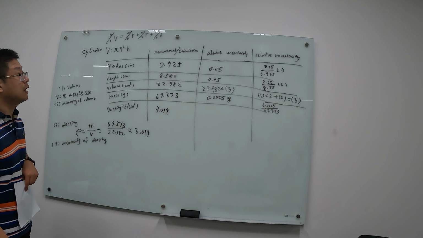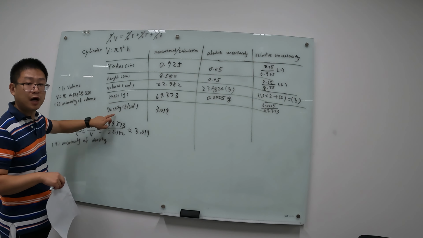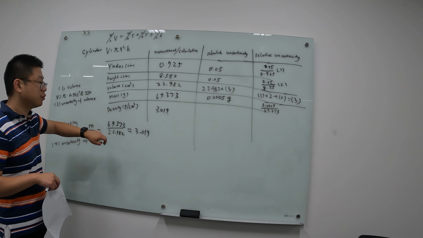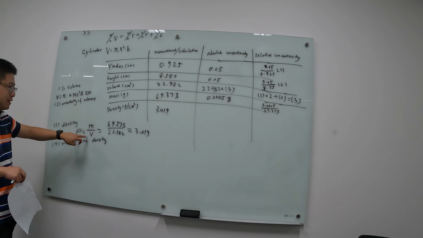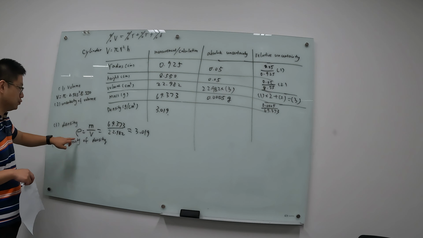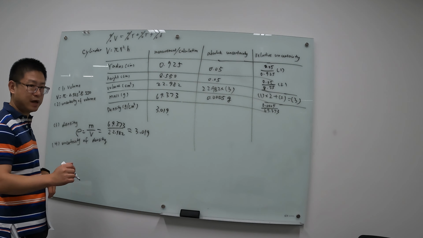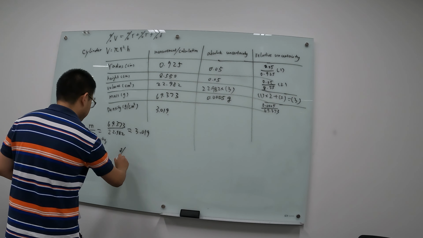How about the uncertainty for the density? Also, the density is from calculation, not from measurement. So we need to propagate the uncertainty of m and the uncertainty of V to the density. So we calculate the relative uncertainty on the density first. So use this equation.